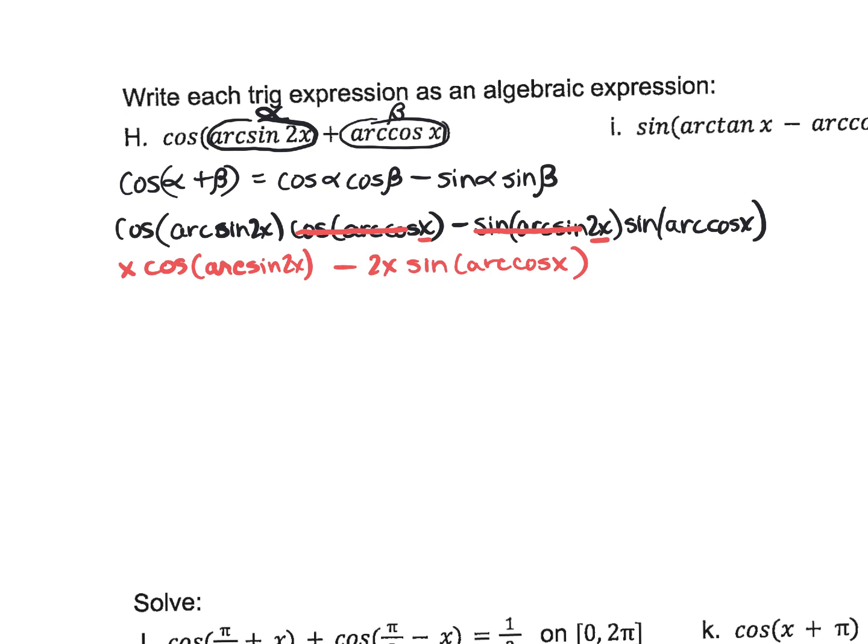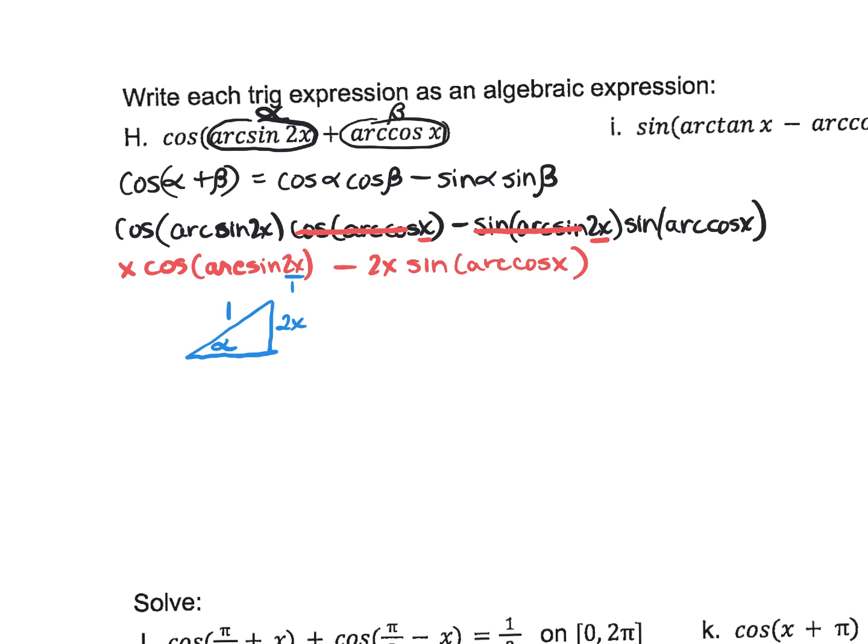We don't know what arc sine is, but we do know it's alpha, right? It's an angle, isn't it? When you take the arc sine of something, the angle comes out. This is like saying sine is 2x over 1, isn't it? So we create a triangle here. This is alpha. Sine is opposite over hypotenuse, correct?